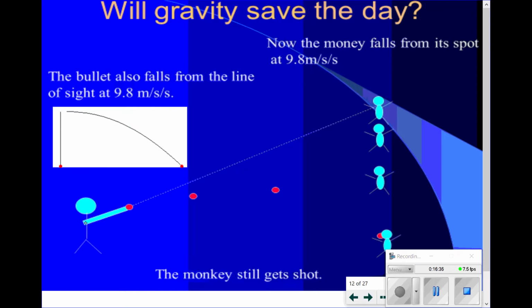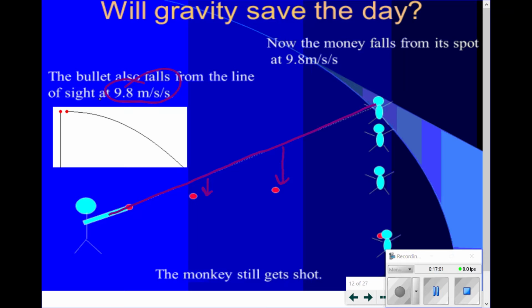We have what's called a line of sight. This was the path that the bullet would have traveled had there been no gravity. Since there's gravity, the bullet falls away from this line at a rate of the acceleration due to gravity, which is 9.8 meters per second squared on the planet Earth.